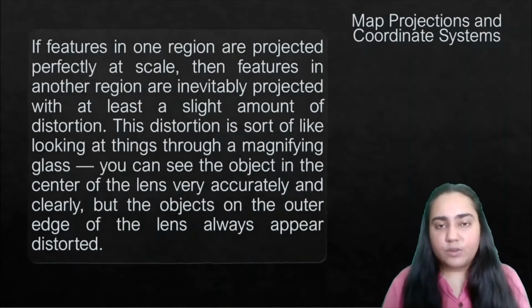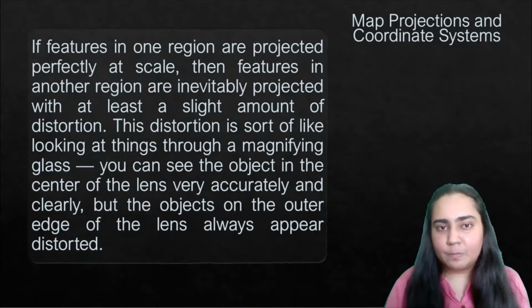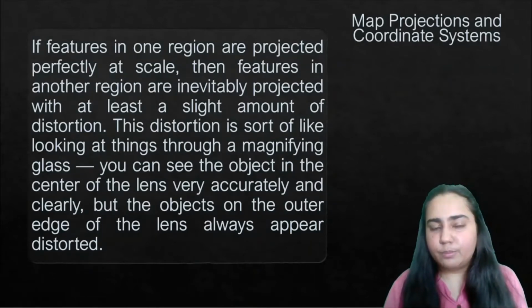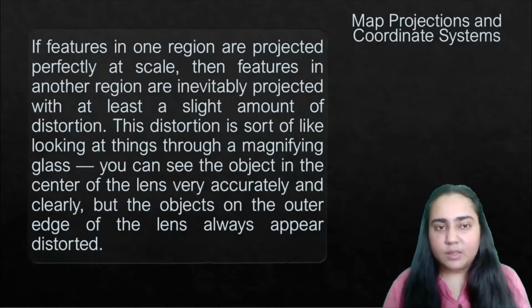If features in one region are projected perfectly at scale, then features in another region are inevitably projected with at least a slight amount of distortion. So if you manage to project features in one region perfectly to scale, then you will most likely have some distortion in projecting features of another region.